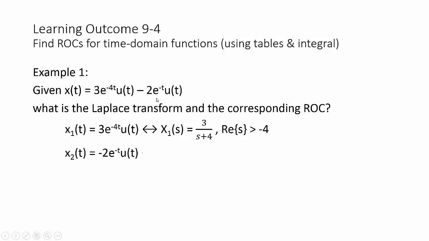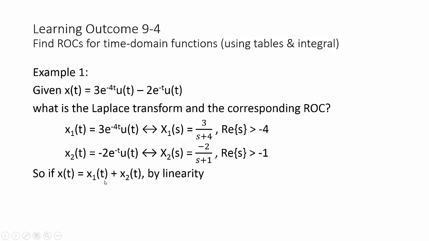The second part of our time function, x2, is minus 2e^(-t)u(t). This has a Laplace transform, X2(s), of negative 2 over s plus 1, with a region of convergence where the real part of s is greater than negative 1.